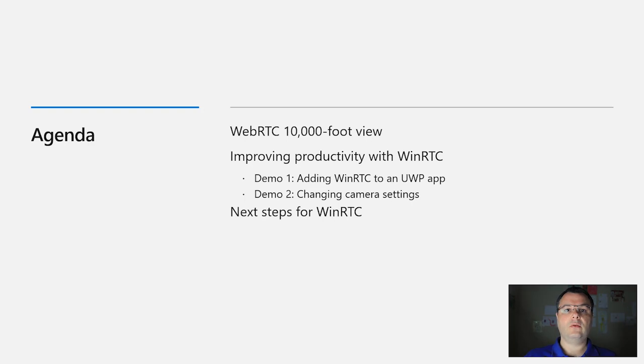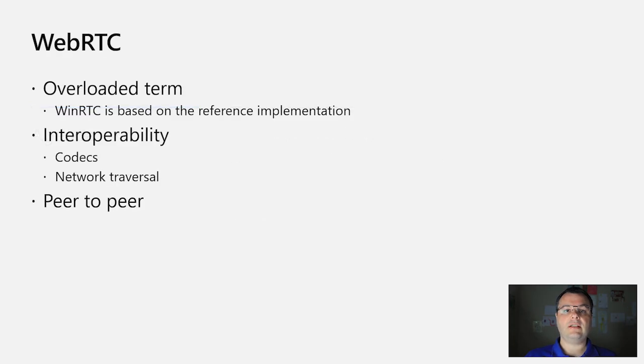Let's get started. WebRTC is an overloaded term. It can refer to a set of JavaScript APIs defined by W3C to allow media to be sent and received by another web browser or device implementing the appropriate set of real-time protocols. It was developed in conjunction with an IETF group that resulted in a set of RFCs.